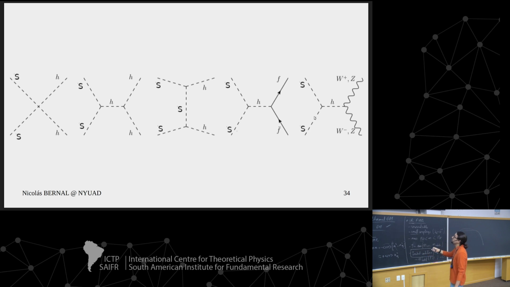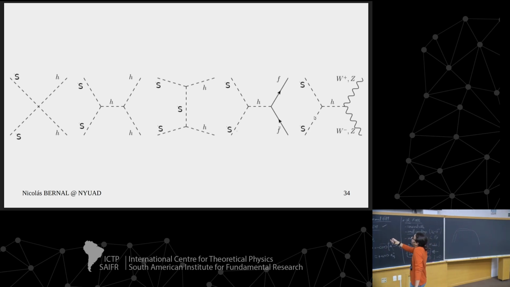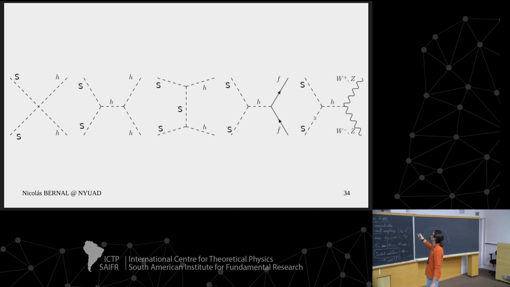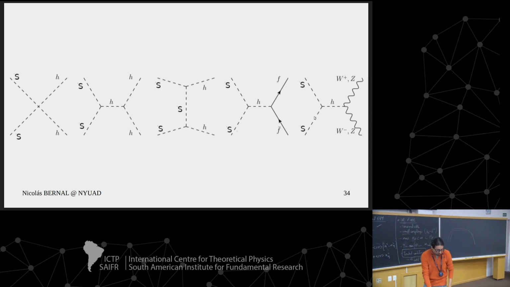And after the electroweak phase transition, the Higgs takes a VEV, there's no mixing, and we can have this kind of process: S-channel exchange of Higgs, T and U channels, and production from all standard model particles, fermions and gauge bosons, through the S-channel exchange of Higgs. Exactly the same as in the case of WIMPs.